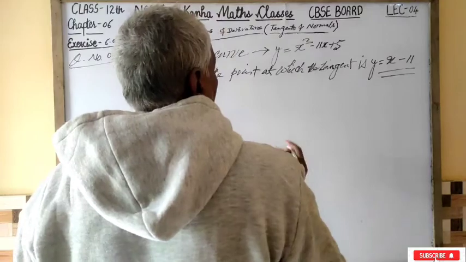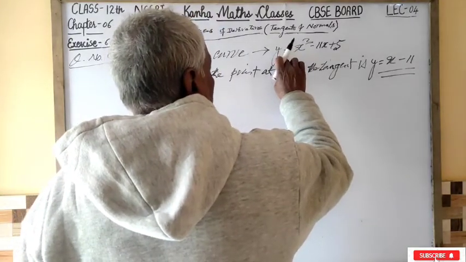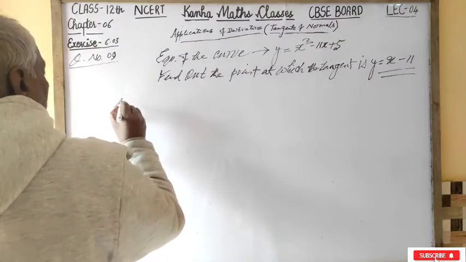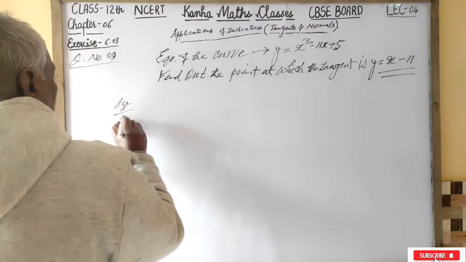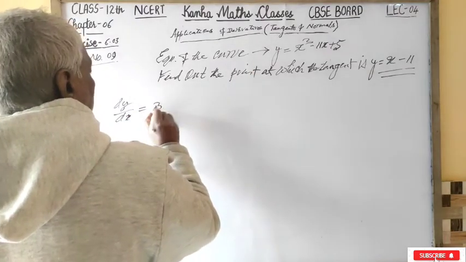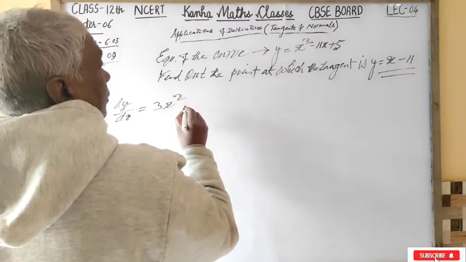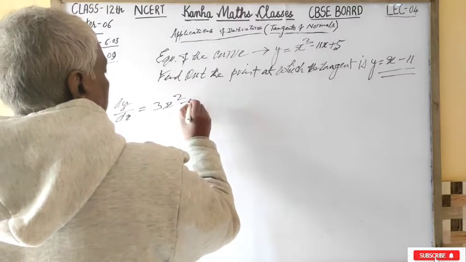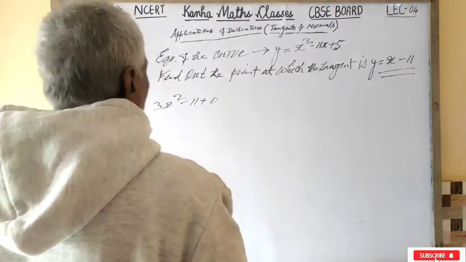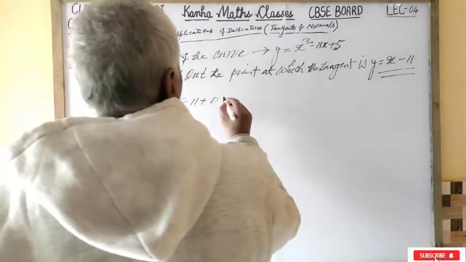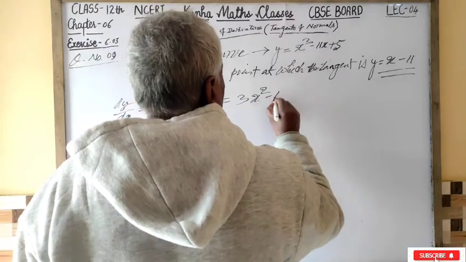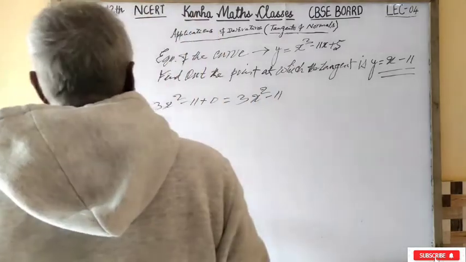First of all, we will find the first derivative of the equation of the curve, that is dy by dx is equal to 3x square minus 11, since the derivative of x cube is 3x square, of minus 11x is minus 11, and of 5 is 0.